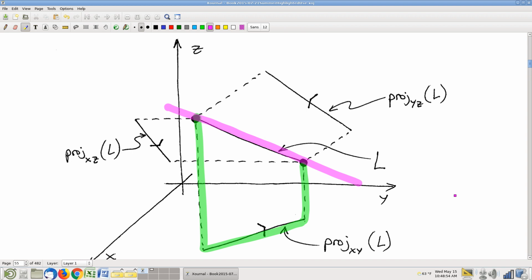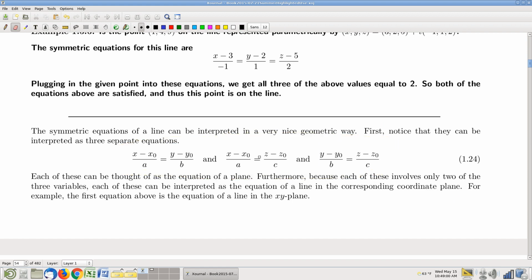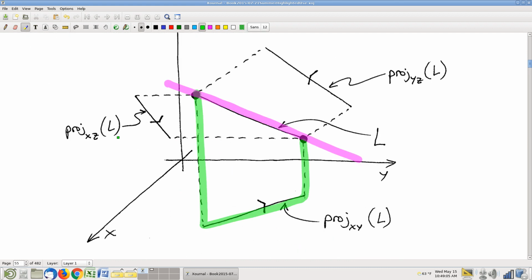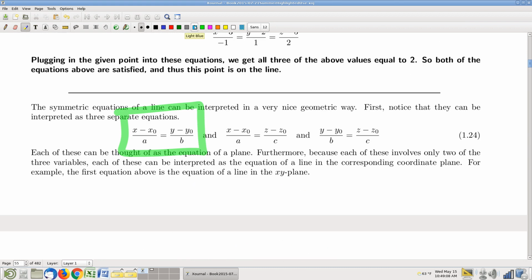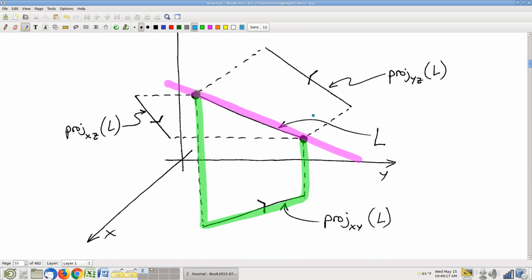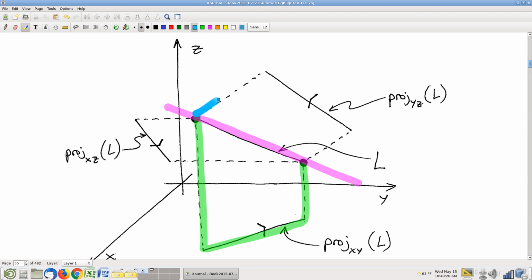Are we good? So I'm going to leave the following as an exercise for you. This is a healthy exercise, I think. We just agreed that this equation is this plane. I want you all to persuade yourselves that the equation involving just the y and the z, that part of the symmetric equations, gives you the shadow that would be cast by L if you were to shine a flashlight from over here in the x direction, which you might call the YZ shadow.